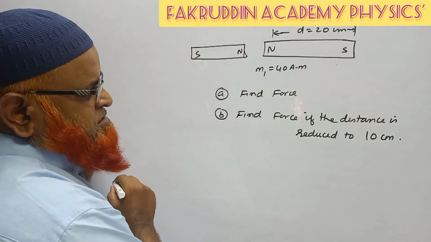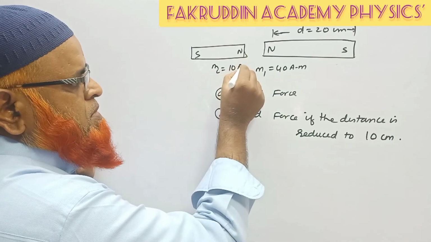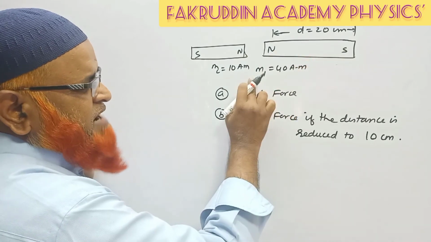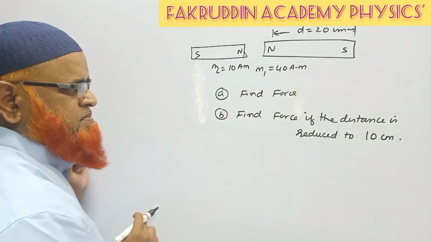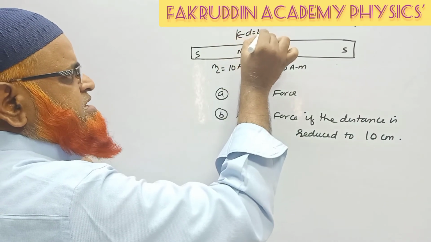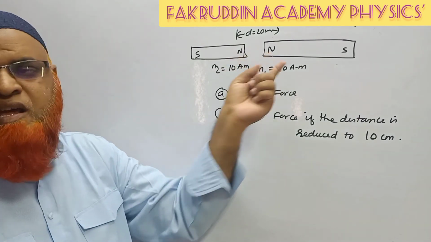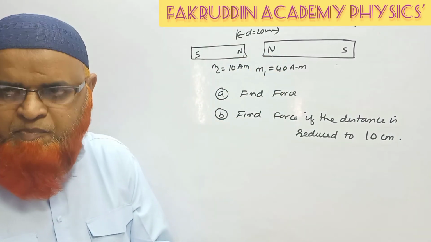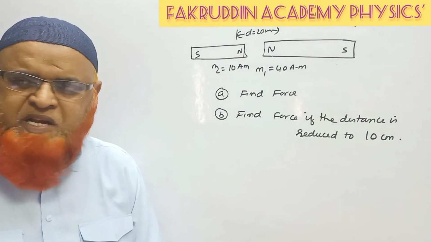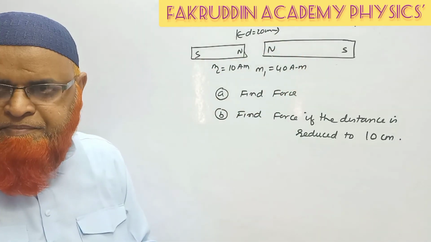There is another magnet having 10 ampere meters pole strength, and this magnet has a pole strength of 40 ampere meters, and they have been separated by a distance of 20 centimeters. Either it is a force of attraction or repulsion, the magnitude will be the same.